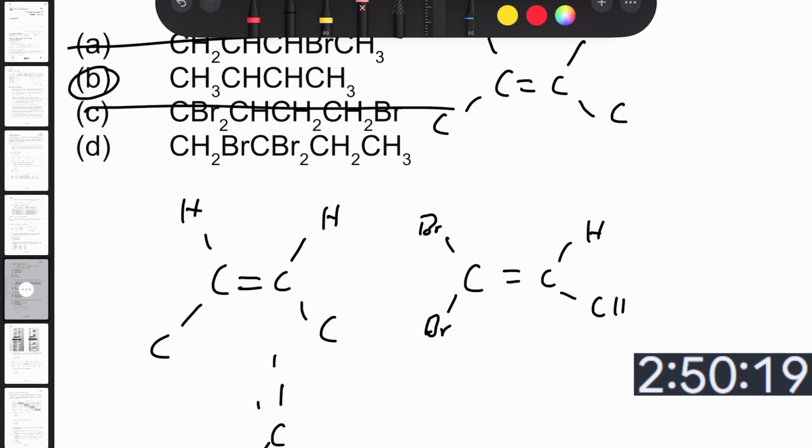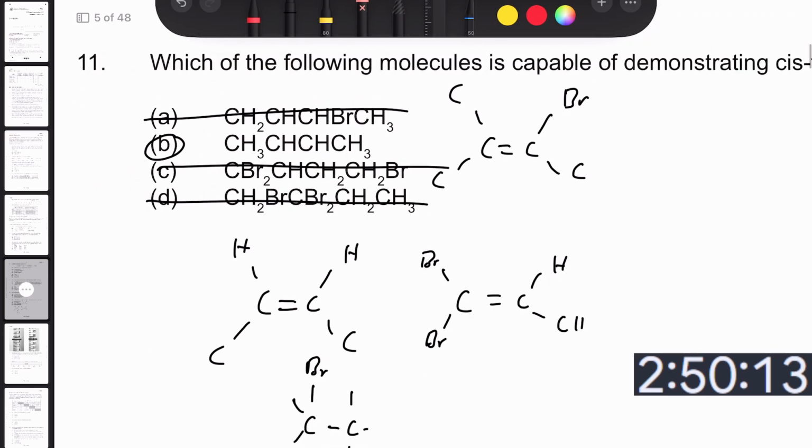C2, and that's just alkane, so it's definitely B.